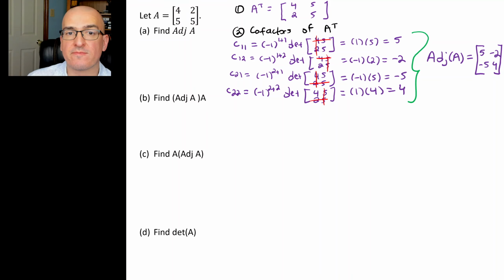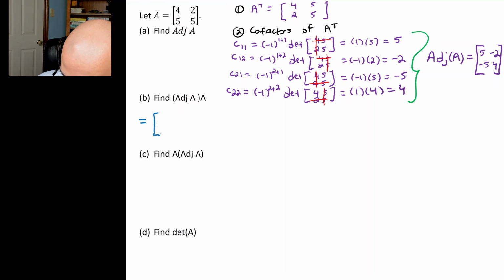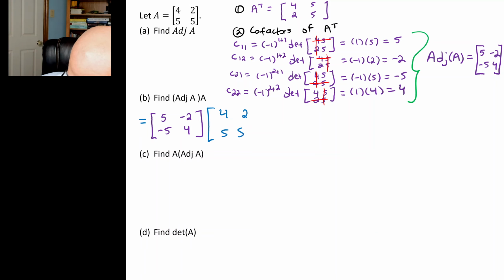Okay, now part B. Let's do what it's asking us to do. It's asking us to take the adjoint of A and multiply it by A. So this is going to be the adjoint of A, 5, -2, -5, 4 multiplied by A, which is 4, 2, 5, 5.